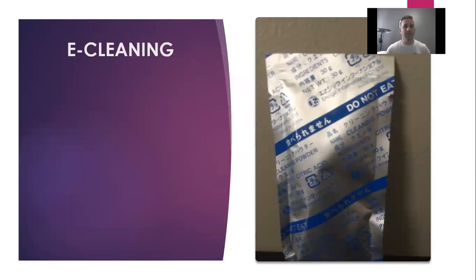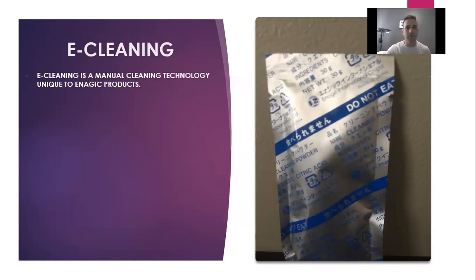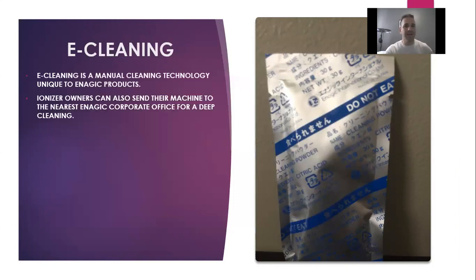Okay, let's talk about the e-cleaning. E-cleaning is a manual cleaning technology unique to Enagic products. Ionizer owners can also send their machine to the nearest Enagic corporate office for a deep cleaning.